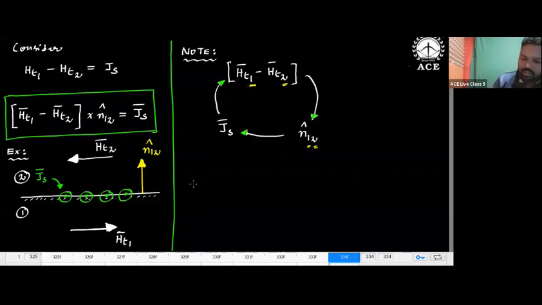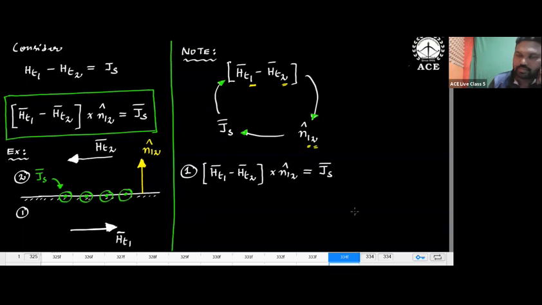That means the first thing what you can write, you have to remember this as a note. The first thing what you can write: HT1 minus HT2 cross product with N12 is equal to JS, beta.